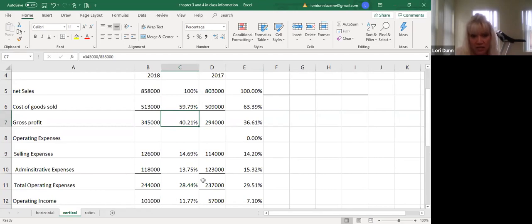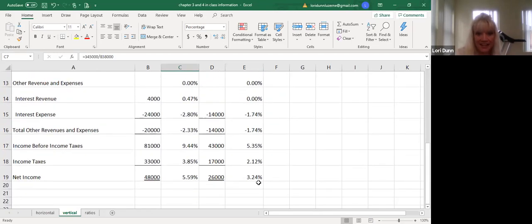This year, they're around 28.5. Last year, our profit margin was only at 3.24. That's the percentage of sales we kept as net income. Now it's at almost 5.5. So we might be able to say here, oh, we're improving. We're doing stuff better. The changes we made are effective.